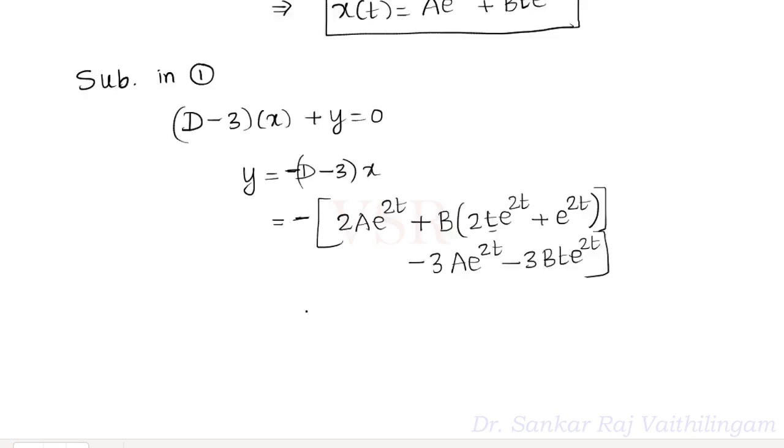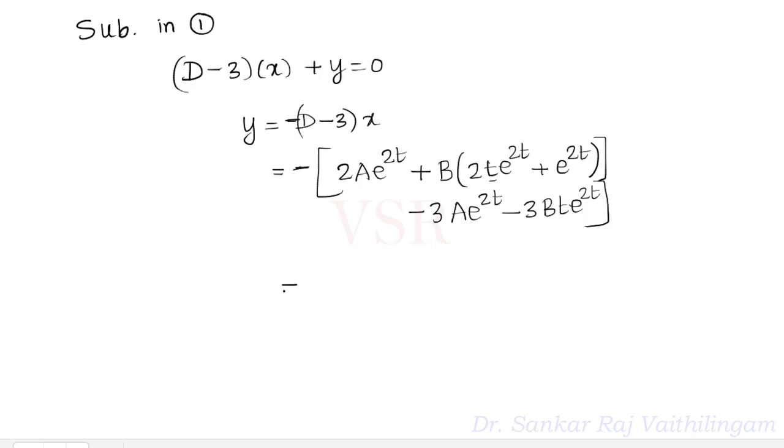Now let us simplify this. This is equal to minus of 2a e to the power 2t, and here a minus 3a. So from these two we get 2 minus 3, that is minus a e to the power 2t. Not only that, here we have b e to the power 2t, so plus b e to the power 2t.